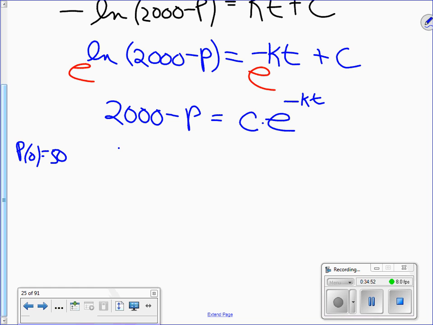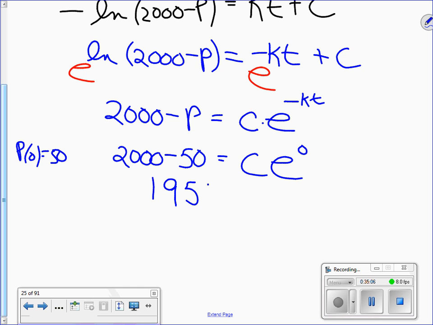So we just plug in the 50 for the population and the 0 for the t. So what do we get for c? 1950. The moving over and getting the c are the same kind of level of importance.